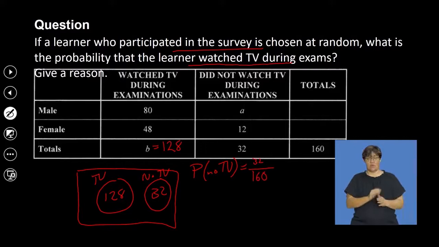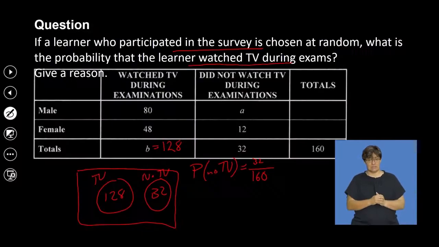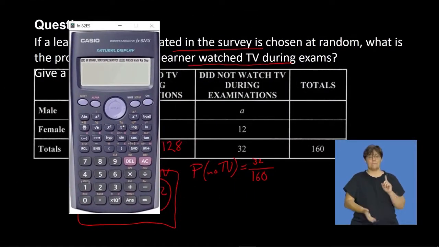If we use the calculator to find the probability there, we want 32 divided by 160, and that's equal to 1/5, 1 in 5, or 20%, 0.2.